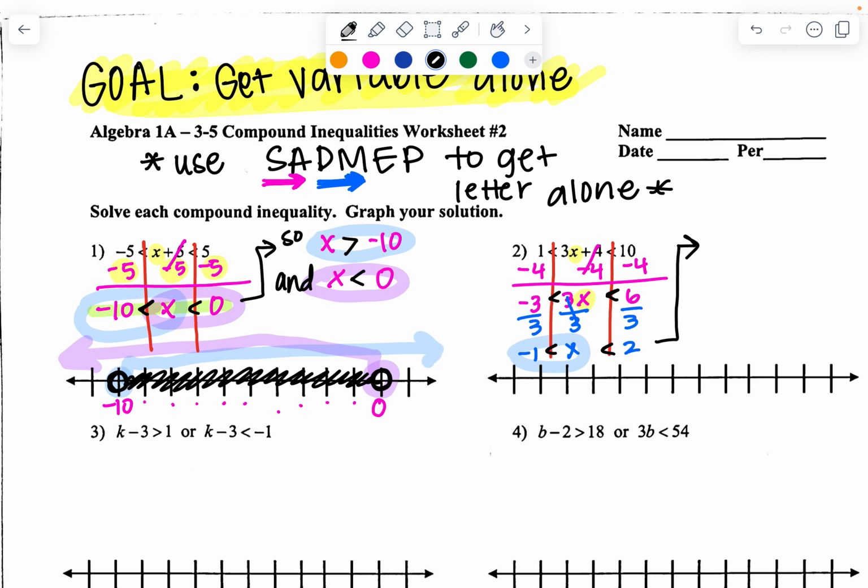That's the same as saying x is greater than -1. Notice the 2 dots are closest to x. And also, that's the first piece, x is less than 2. So I want to graph both of these.